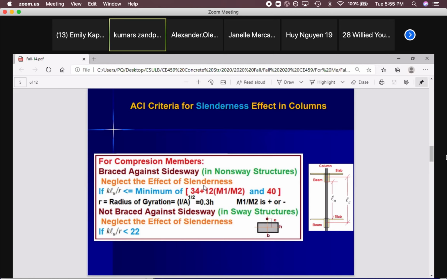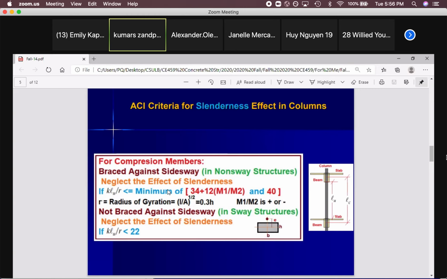For example, you got 32 here; between 40 and 32, it's 32. You got 28.4. Your 28.4 is less than the minimum of these two, which I consider 32. So in this case, slenderness is not important. Consider that a short column.